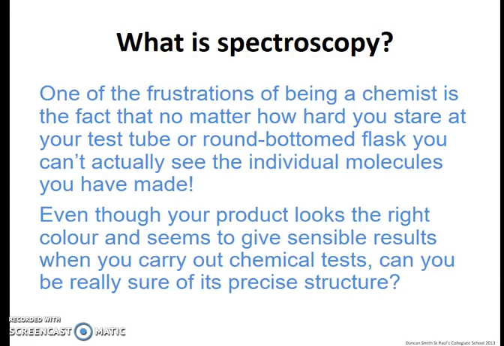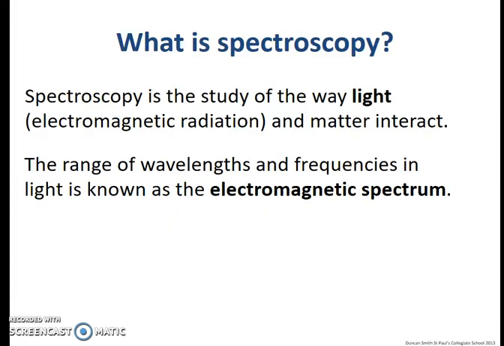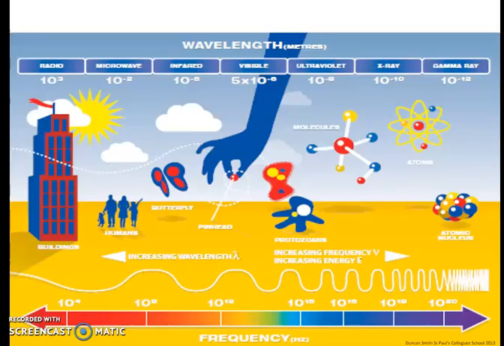It is a study of how light, which is electromagnetic radiation, and matter interact. So electromagnetic radiation, which is a whole range of radiation, ranging from radio waves at one end of the spectrum through to gamma rays at the other end of the spectrum, is effectively a form of energy where energy travels in both waves and quanta.